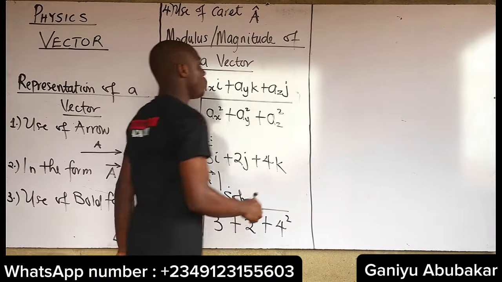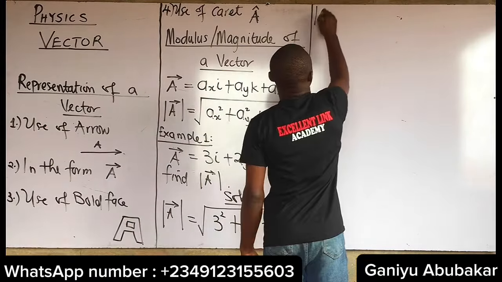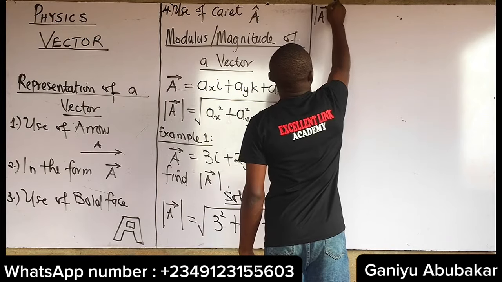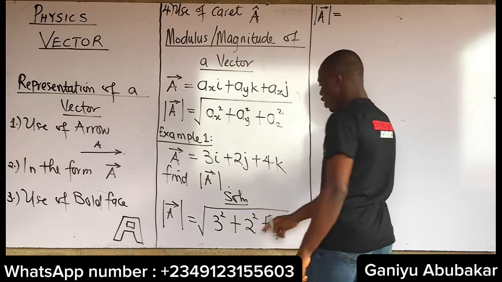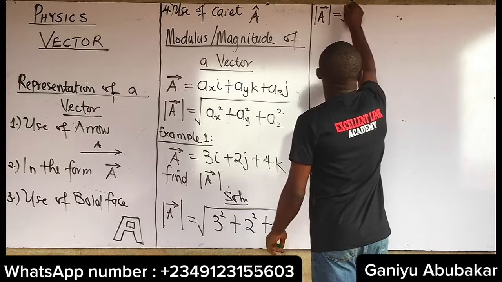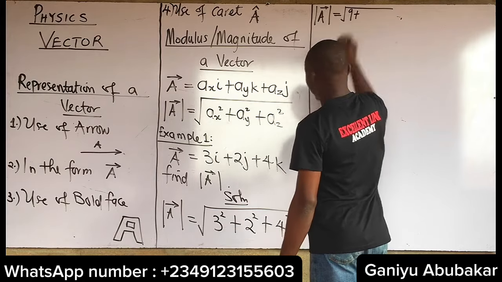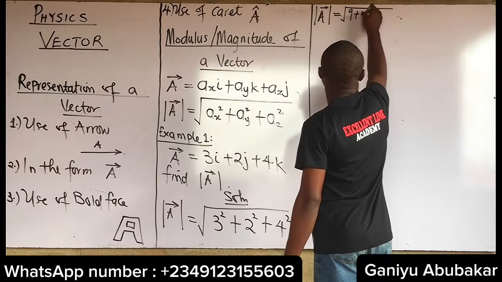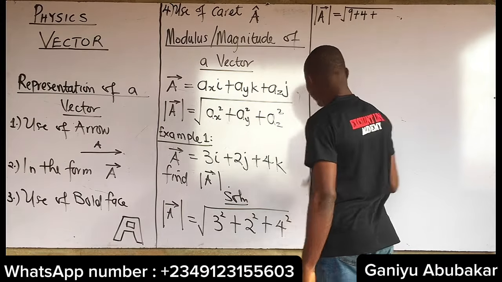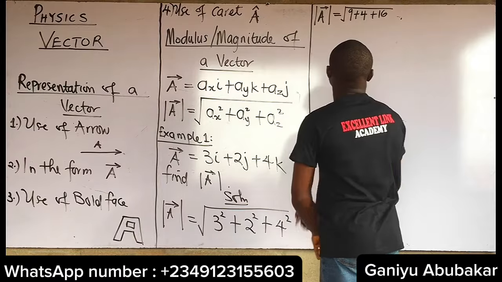Let's get the modulus or magnitude of this vector A. The magnitude of vector A is equal to the square root of 3 squared gives 9, plus 2 squared gives 4, plus 4 squared gives 16.